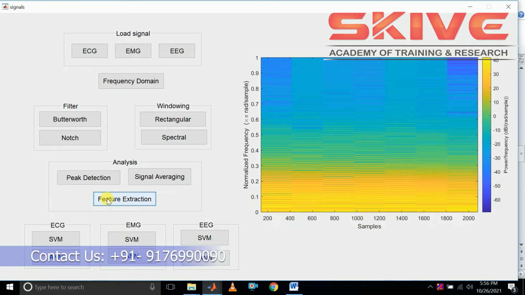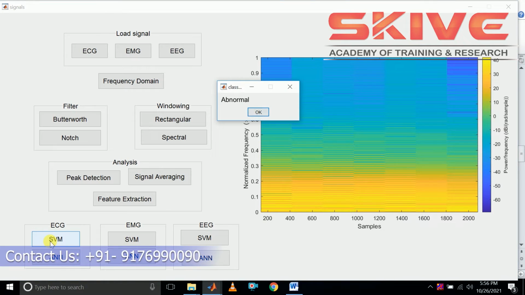After completing feature extraction, we are going to classify the signal using SVM classification. The result here is abnormal. Now we are going to check it through the ANN system too. The training process will start soon.